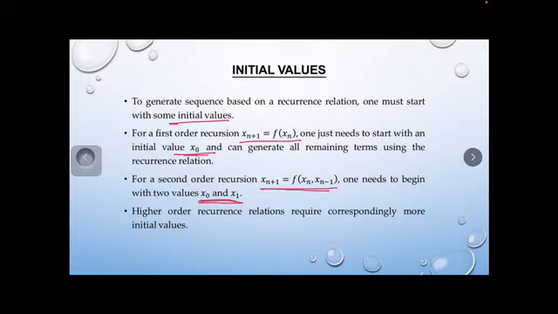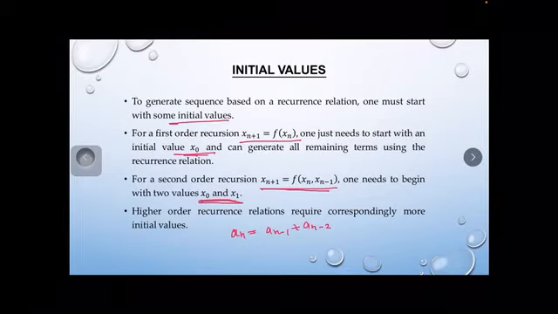Without initial values we can't find the series. Clear? You can check this with the Fibonacci series. Here the recurrence relation is a_n equal to a_(n-1) plus a_(n-2), right?